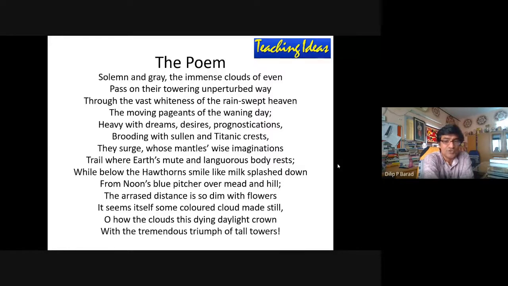They surge, whose mantles wise imaginations trail where earth's mute and languorous body rests, while below the hawthorns smile like milk splashed down from noon's blue pitcher over mead and hill. The erased distance is so dim with flowers, it seems itself some colored cloud made still. Oh, how the clouds this dying daylight crown with the tremendous triumph of tall towers.